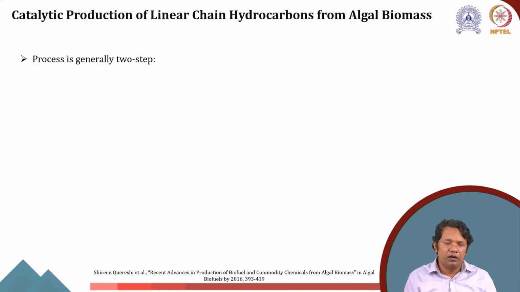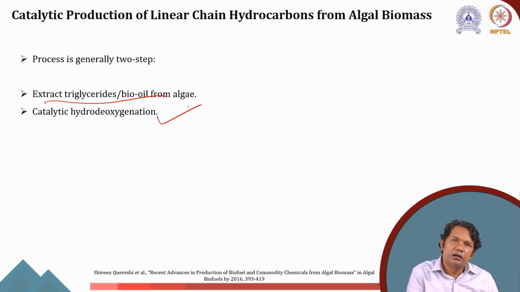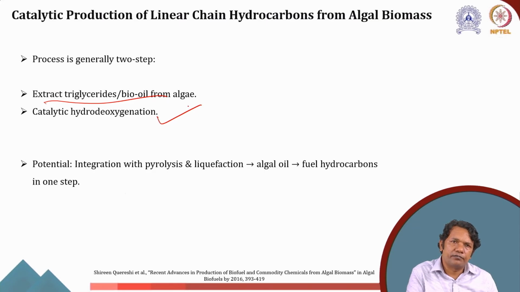Now, this processing, as I said, generally happens in two steps. First, extract the triglycerides or bio-oil from the algae, and then you do the hydrodeoxygenation. There is good potential to integrate it with pyrolysis and liquefaction.